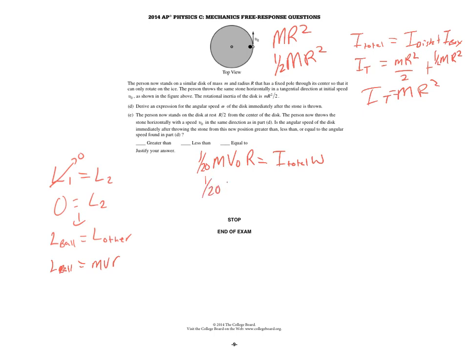So 1/20th mv naught r is equal to mr squared omega. M's cancel, R's cancel, and you are left with, oh, I'm sorry, not all the R's cancel. My bad.